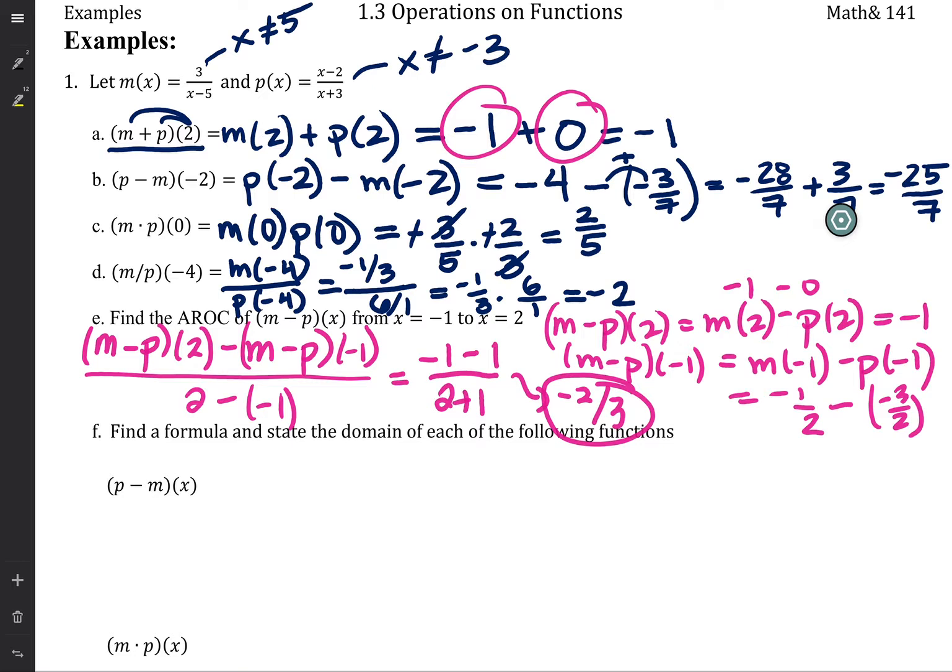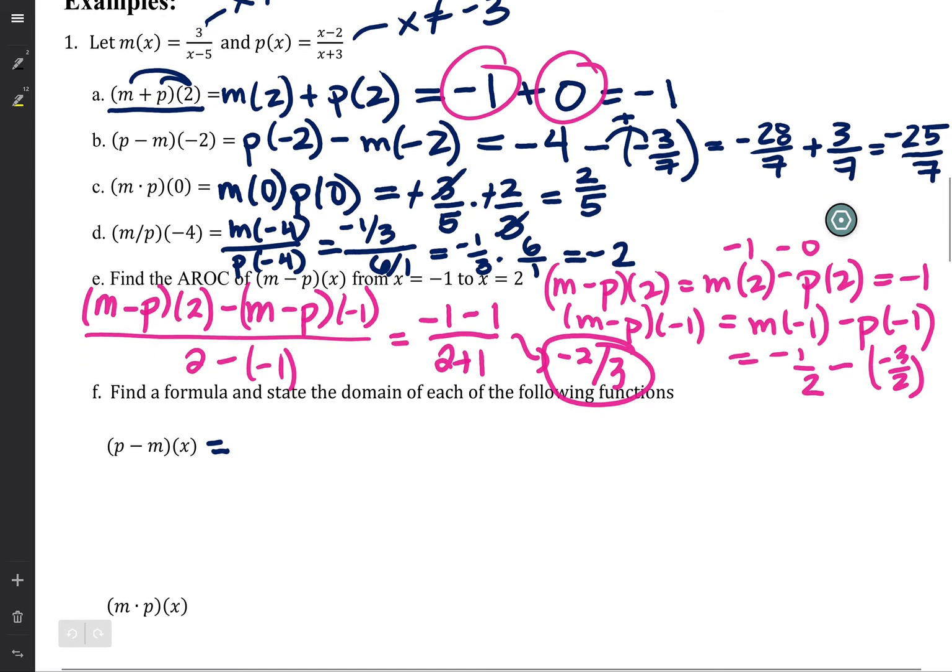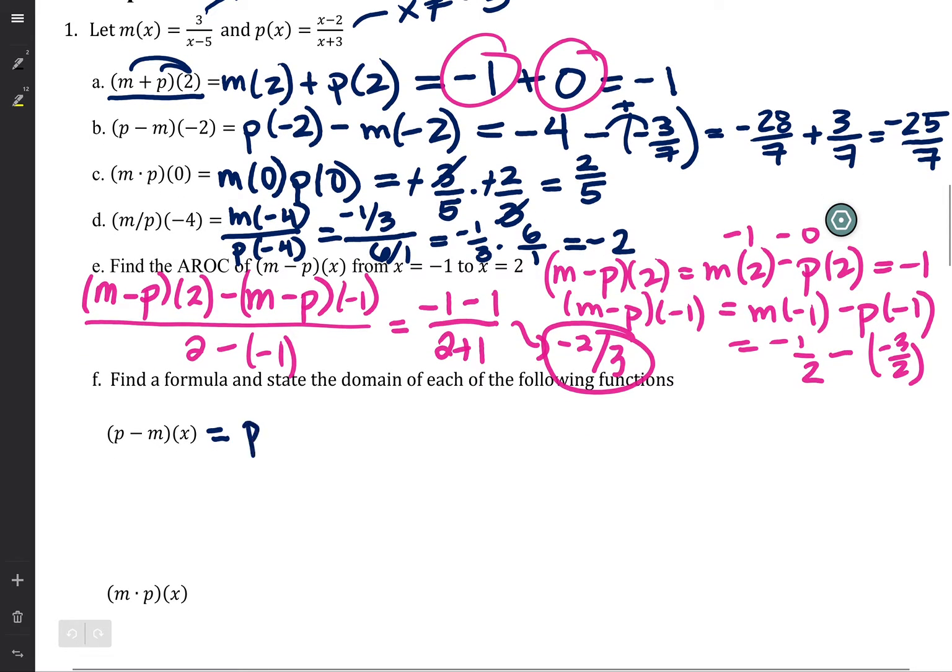Okay, so let's check out actually finding the formula for some of these things. So p minus m of x is the same thing as finding p of x minus m of x. That's how we get the function.